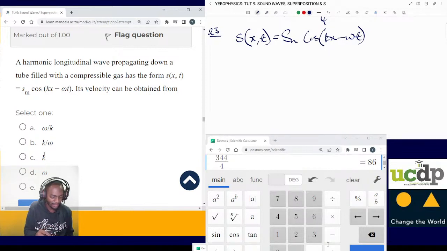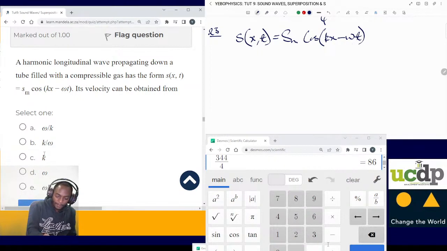I think we have looked at this concept in the previous topic, where we're looking at wave motion, and basically we are considering the speed to be v equals omega over k, right?